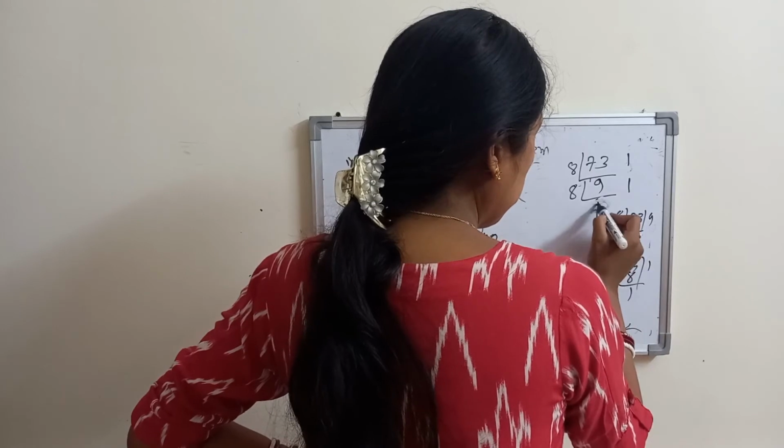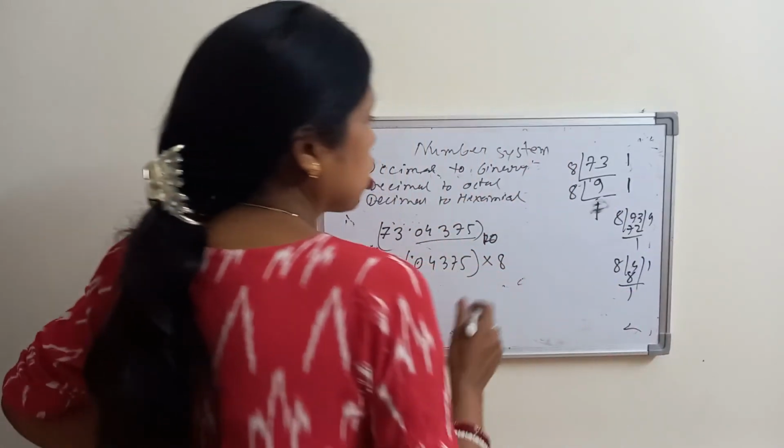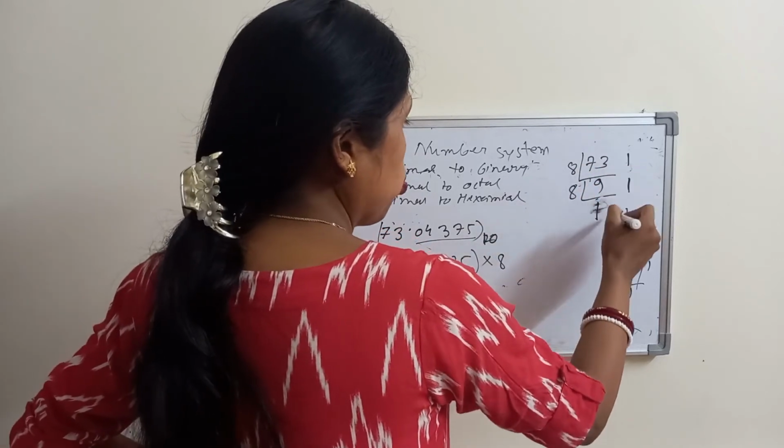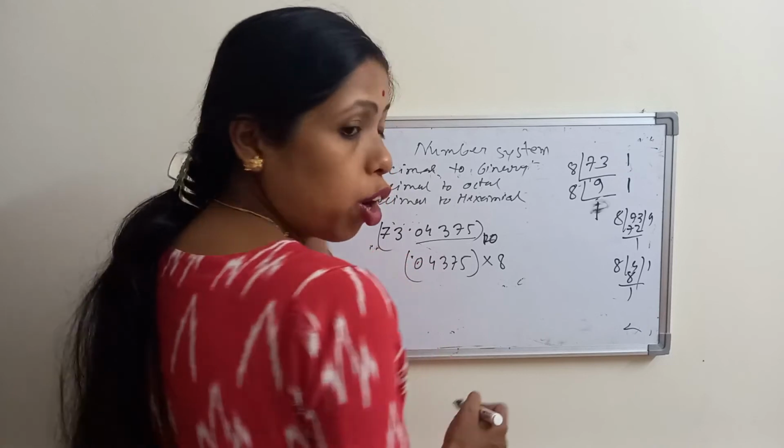The remainder you put here and the quotient here. So 111 is the equivalent of 73 in octal.